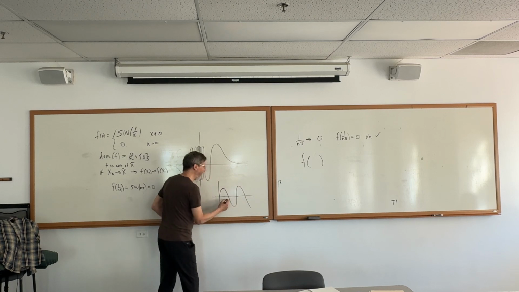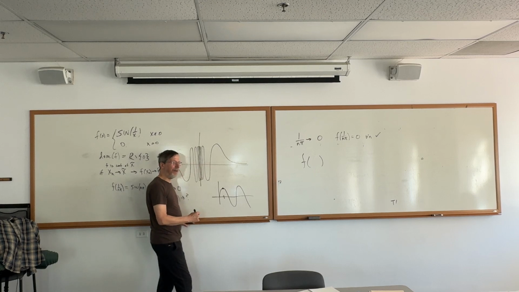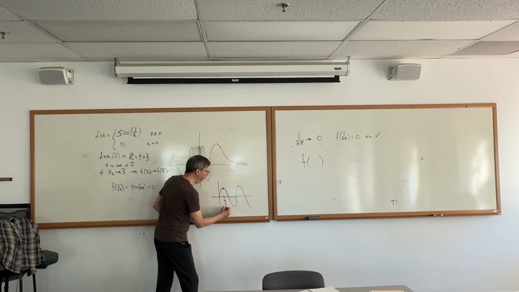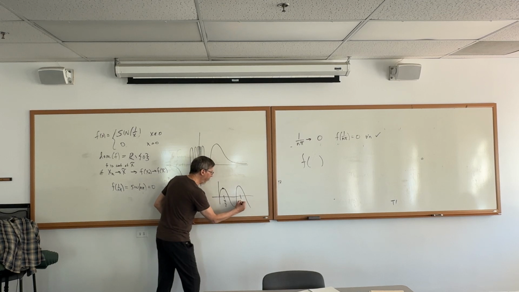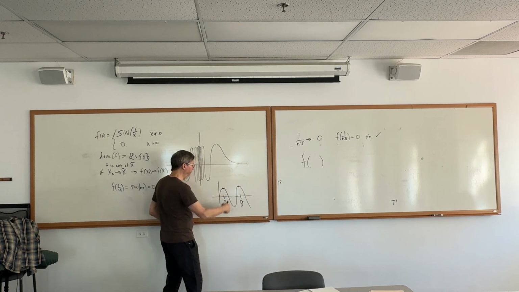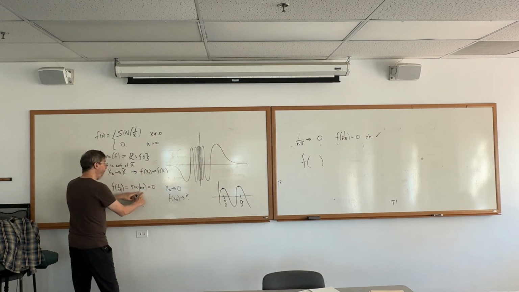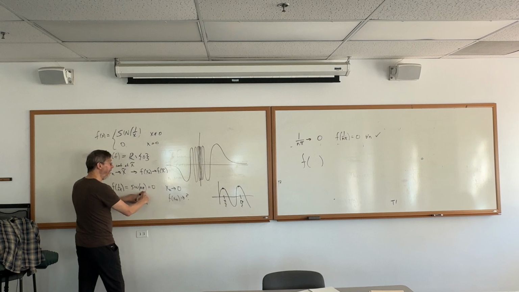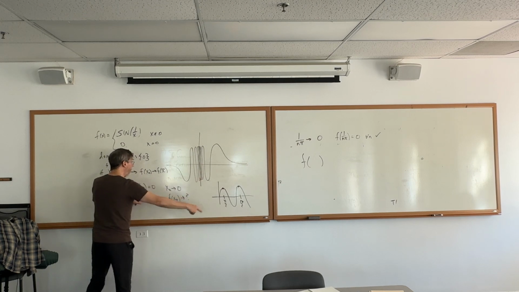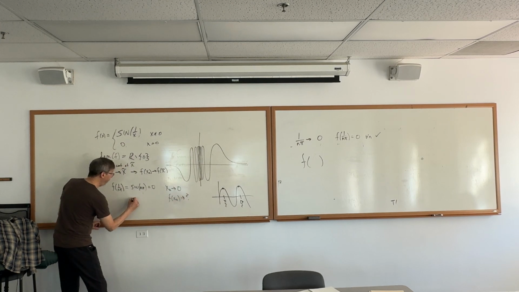So think about how a sine function works. When we're at pi over 2, when we're at 5 pi over 2, it's 1. Got the periodicity here. So if we can get this thing inside here to be those multiples of pi over 2, then we're good to go. So let's think about that.